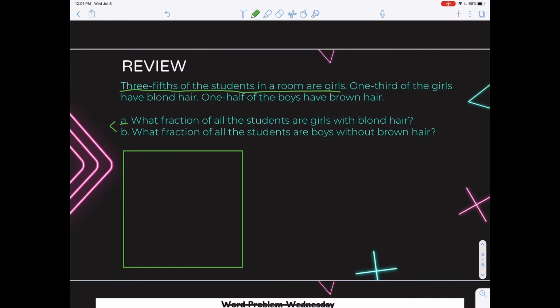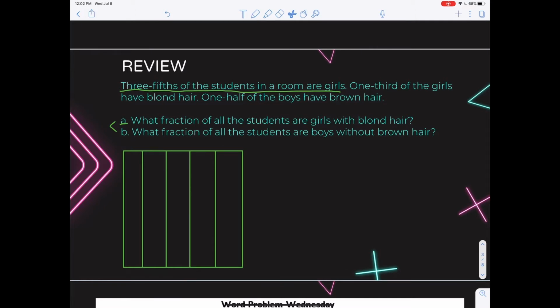So I'm going to cut this up into fifths: 1, 2, 3, 4, and 5. That's the best I can make, but I'm going to just fix it a little bit. Alright, that's a bit better.